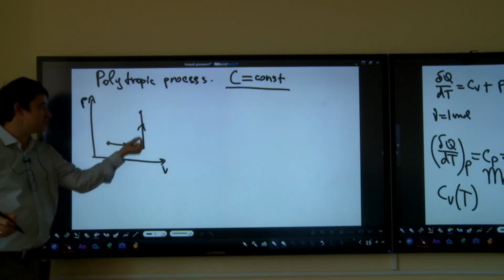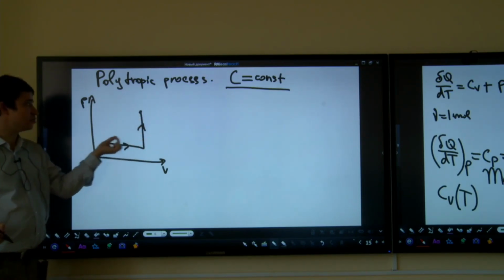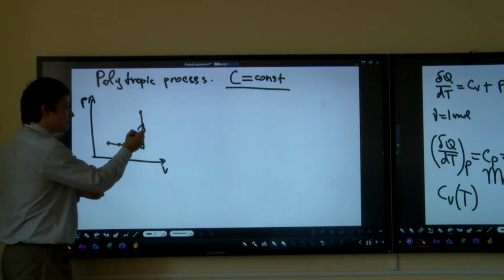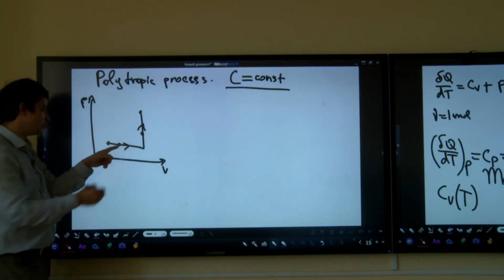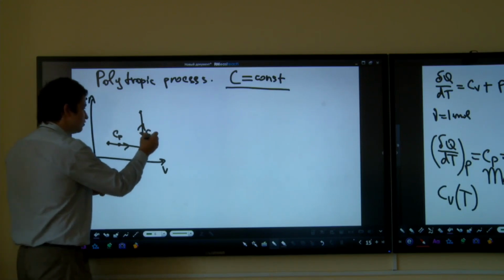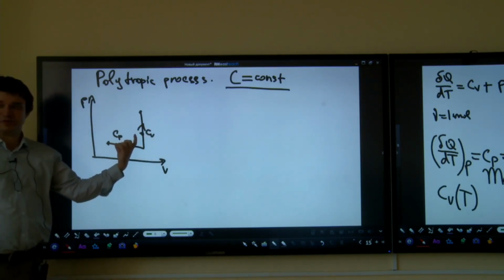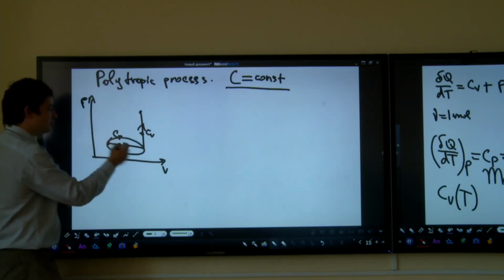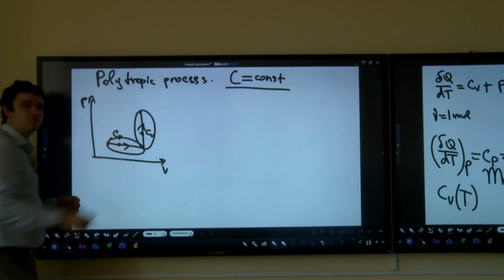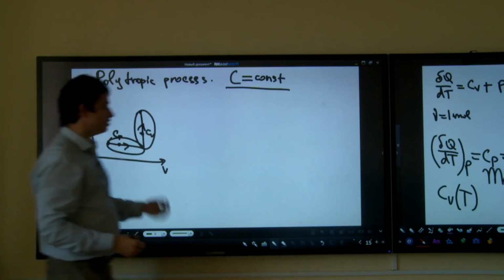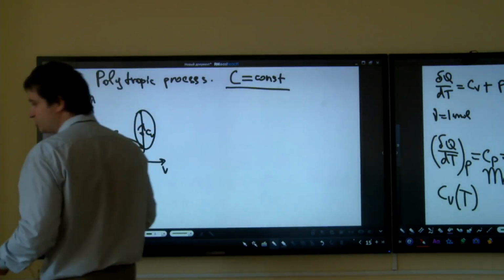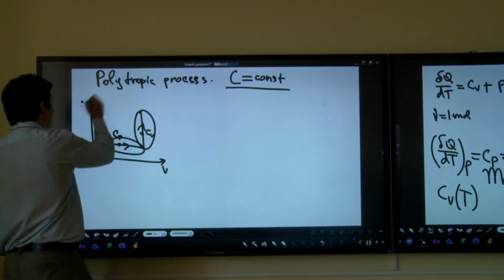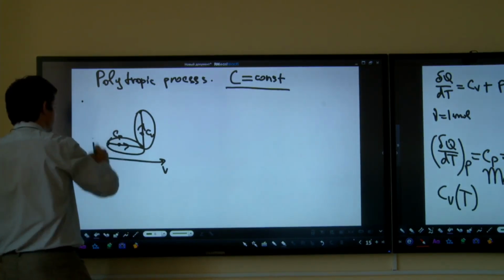This process is not polytropic because the heat capacity here and here are different. Here it's Cp, here it is Cv. So these quantities are different. This is not a polytropic process. However, these two parts of this process are polytropic.